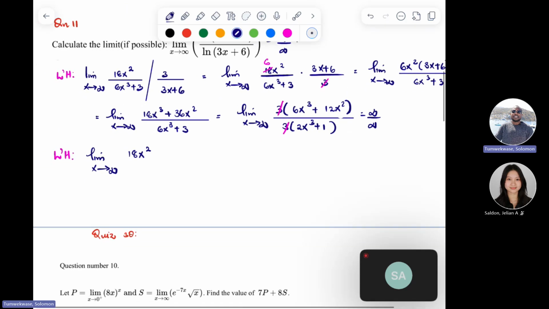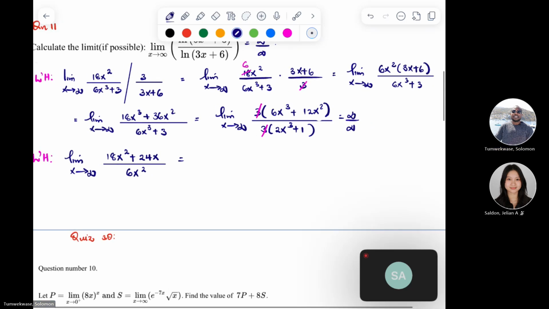So the derivative of this is 18x squared, then plus 24x, then over the derivative of the denominator, which is 6x squared. Once again, I can try to reduce this, so limit as x approaches infinity.